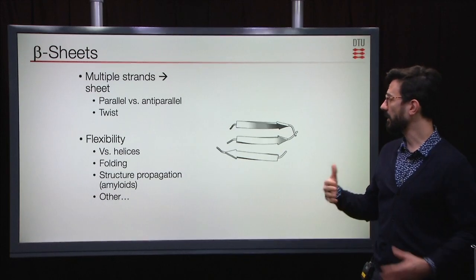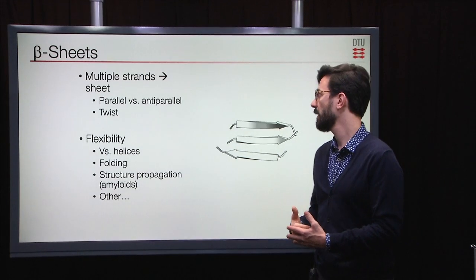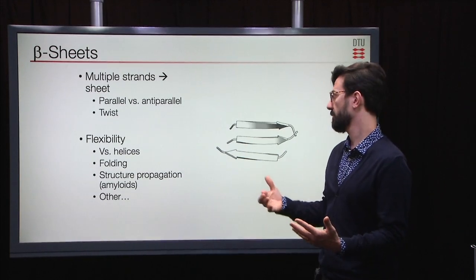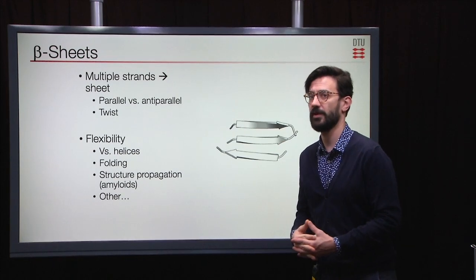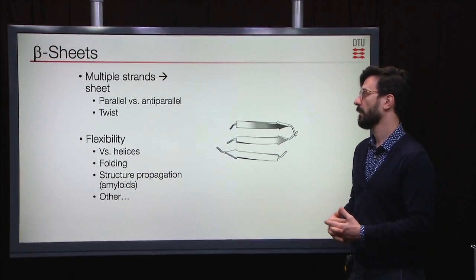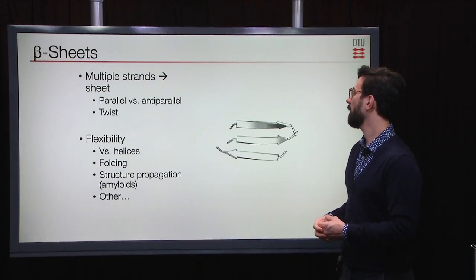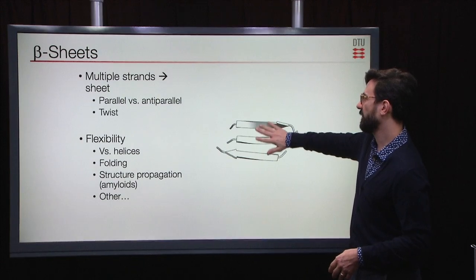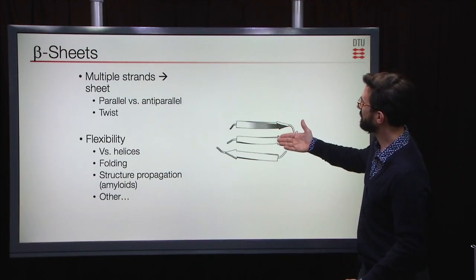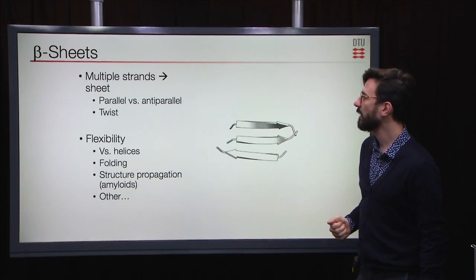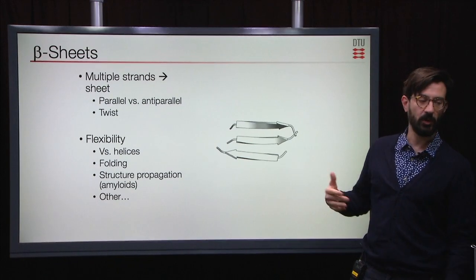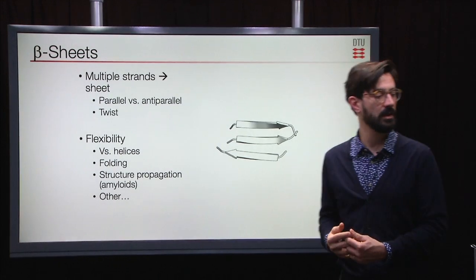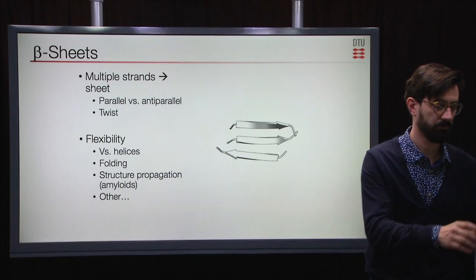So remember that in order to have beta elements like beta sheets, you need more than 1 beta strand. Individual beta strands are more rare in a protein. You see it's more or less flat, but actually each element can have a little bit of twist. So it is actually a bit more flexible than an alpha helix in that manner.